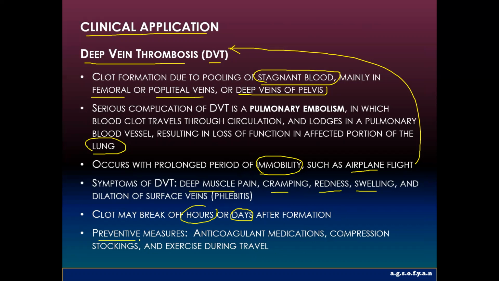Some preventions that we can do, for example, taking anticoagulant medications, compression stockings, or exercise during travels. So don't just sit down for a long time. We might walk around on the airplane in order to prevent the formation of this deep vein thrombosis or DVT.